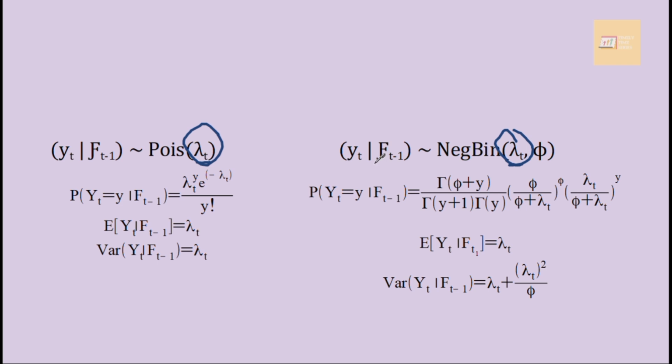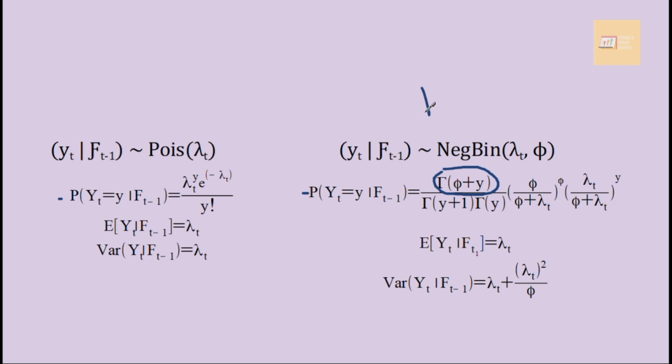Okay, before we dive into the modeling for the lambda, let's look at some properties of Poisson and negative binomial distribution. So first of all, here are the PMF, or probability mass function, for both distributions. These are gamma functions.